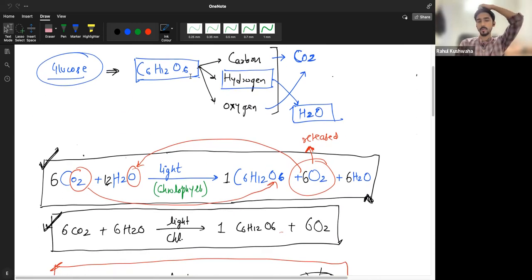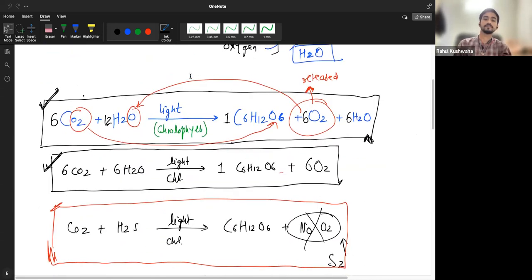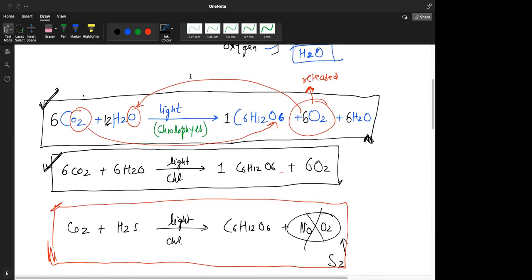And how do we know that it's not from water but from carbon dioxide? So I forgot the scientist's name, but he conducted an experiment using hydrogen sulfide instead of water.